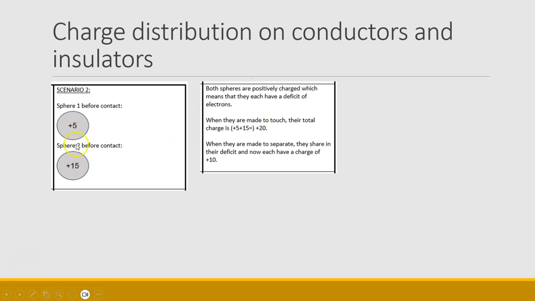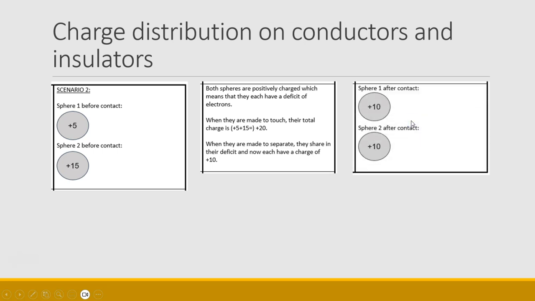Now, when the two are made to touch, the total charge in the system is +20. So that means that there is a deficit of 20 units of charge in the system. And so when the two spheres are made to separate once they've touched, they're going to share in their deficit. So now they're each going to have a charge of +10.